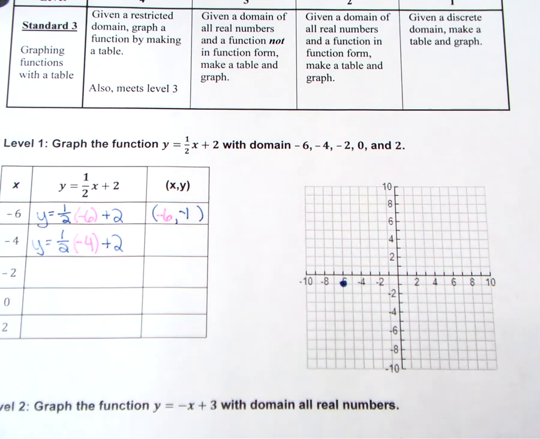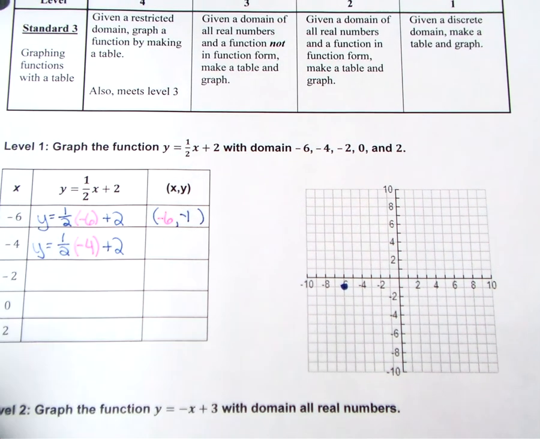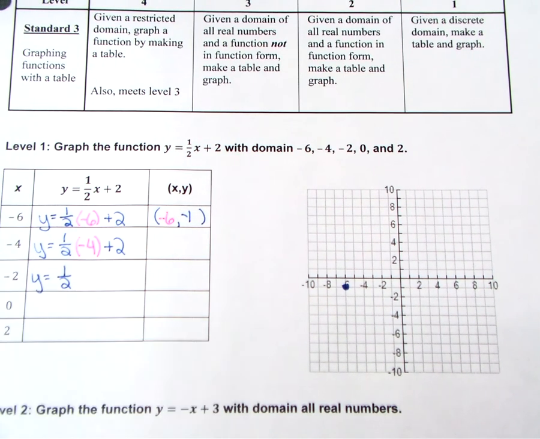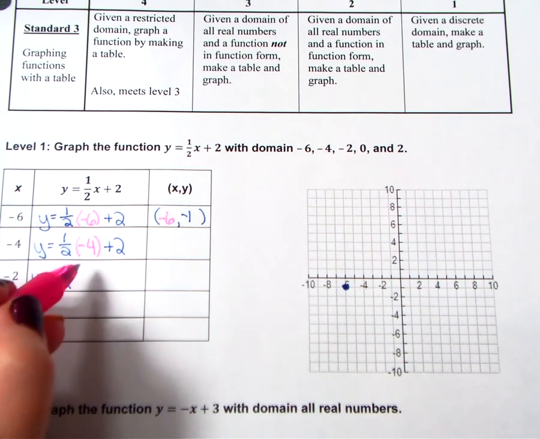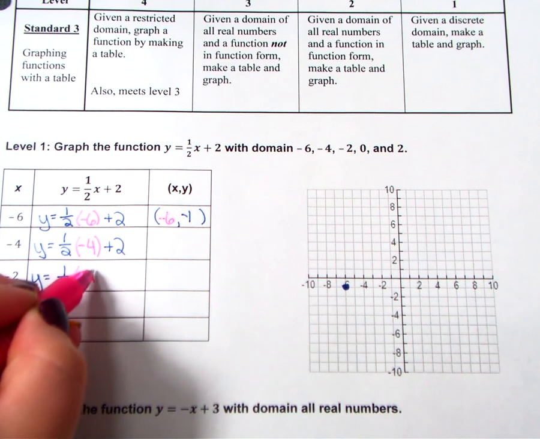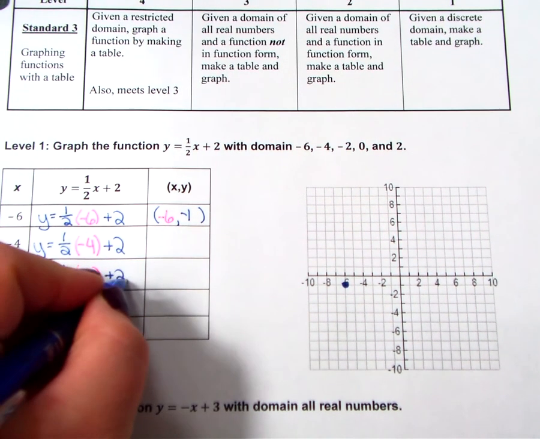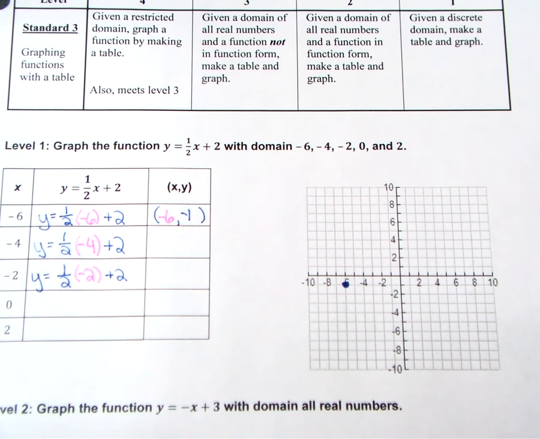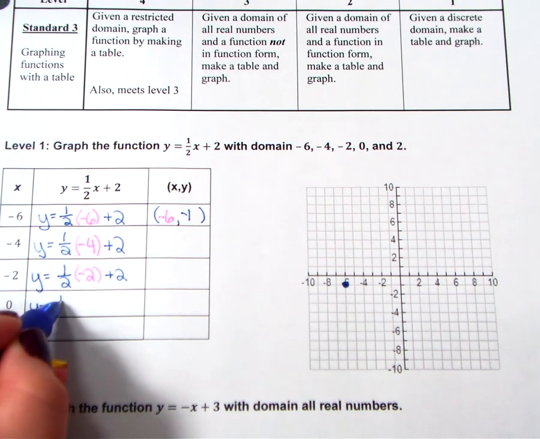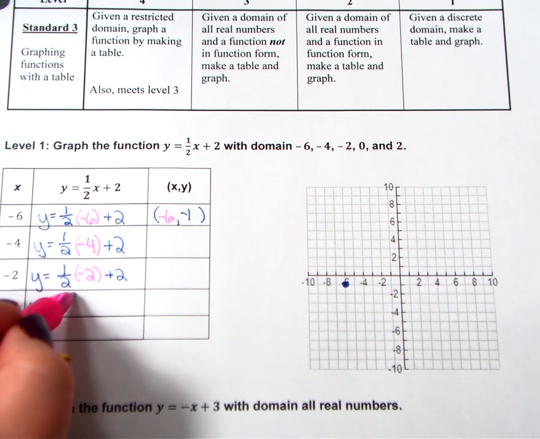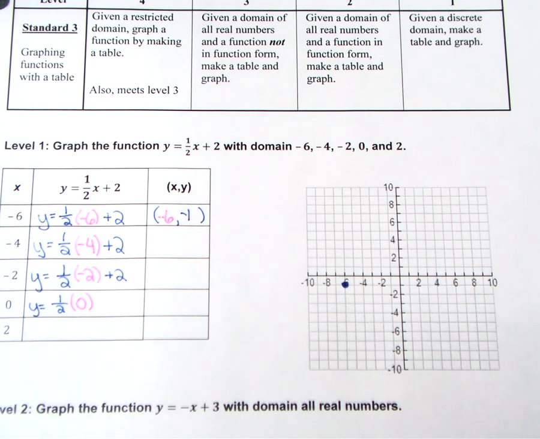For the next one, we're going to have y equals 1/2. This time we're plugging in -2, plus 2. Then we have y equals 1/2, and we're plugging in 0 this time, plus 2.